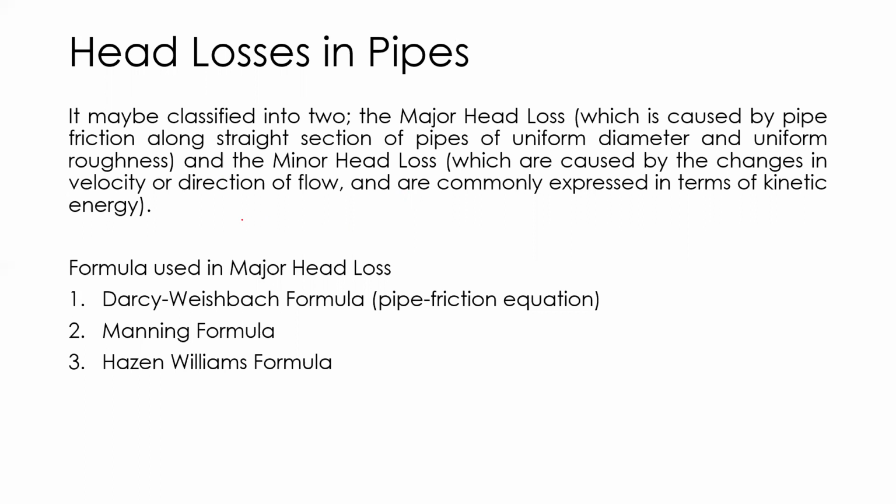And then, meron tayo ditong formula used in major head loss. So, kung hahanapin natin yung major head loss, we have three different formula na pwede natin i-incorporate sa solution. So, meron tayong Darcy-Weisbach formula. Kumbaga, pipe friction equation ito. Meron tayong Manning's formula. And then, last, yung Hazen-Williams formula.